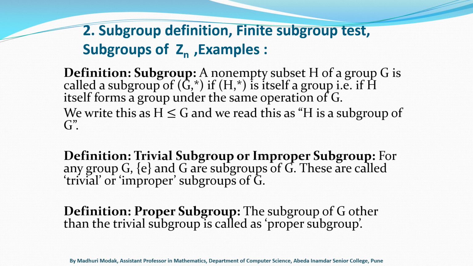Now, we have seen some examples. See, G equal to {1, -1, i, -i} forms a group with respect to complex multiplication. In this case, 1 is the identity element.